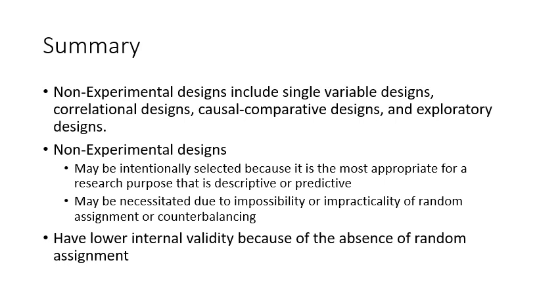These may be intentionally selected because this type of design is most appropriate for the research purpose that is descriptive or predictive, or it might be necessary, there's no choice, due to impossibility or impracticability of random assignment or counterbalancing. Because of this, they have low internal validity.